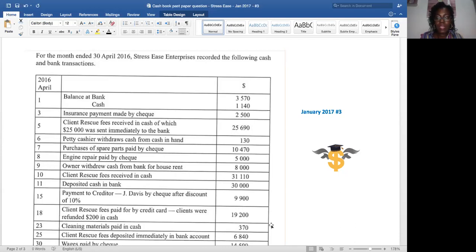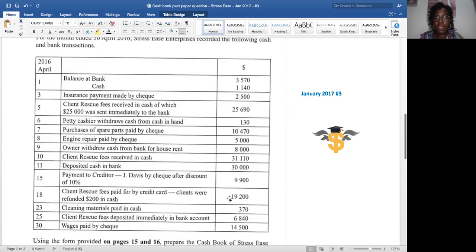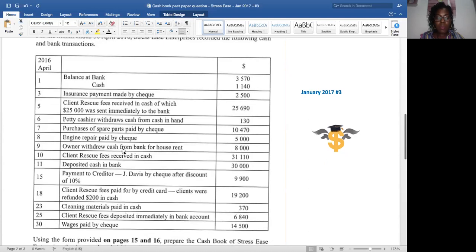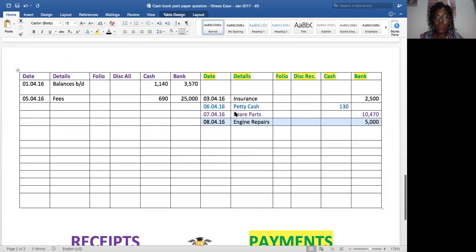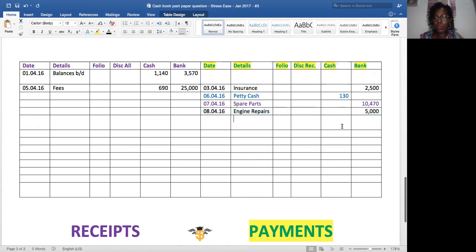On the 9th, the owner withdrew cash from bank for house rent. Now this is for personal use, and that means your drawings account is going to be affected. And they told you cash from bank, so this 8,000 has to go under your bank column.